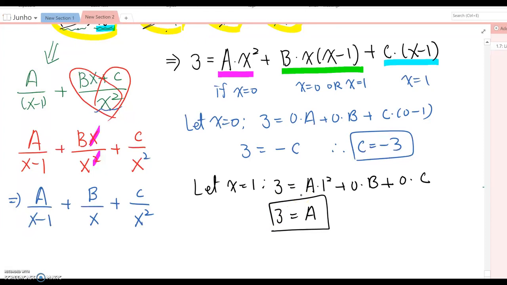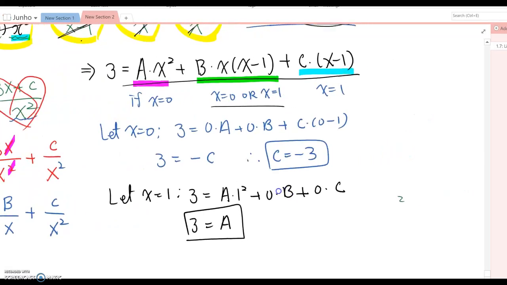Okay. Unfortunately, when we set x equals 0 and x equals 1, the b term becomes 0 in both cases. So using this method, we cannot find the b value. Therefore, what I want to do is replace the a and c values into this equation, and then we expand it.